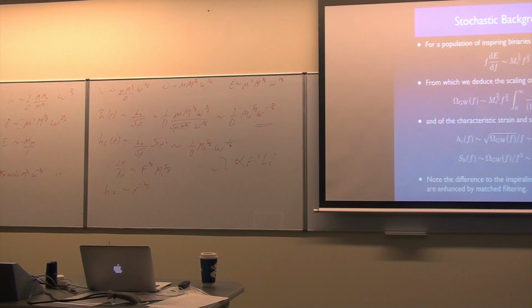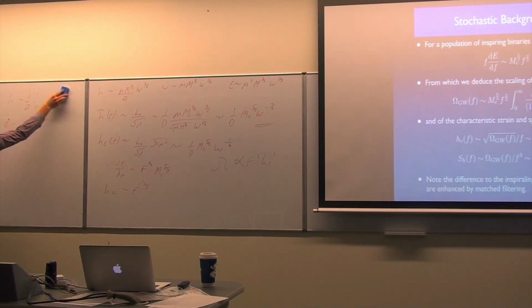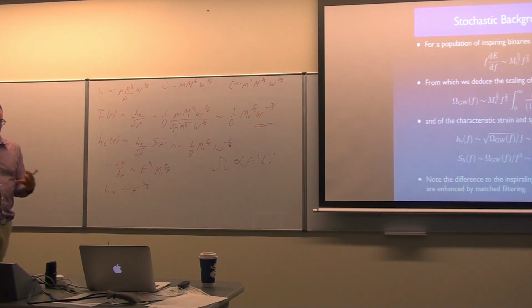So why is that? Well, the reason is because of matched filtering. Okay? This definition of characteristic strain for an inspiraling binary was assuming that we were doing matched filtering. So we have a template and we're using that to dig the signal out of the data. When you're doing that, you enhance the signal by this factor of the square root of the number of cycles that you spend in the vicinity of a particular frequency.